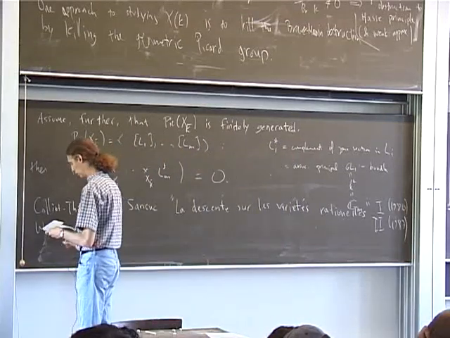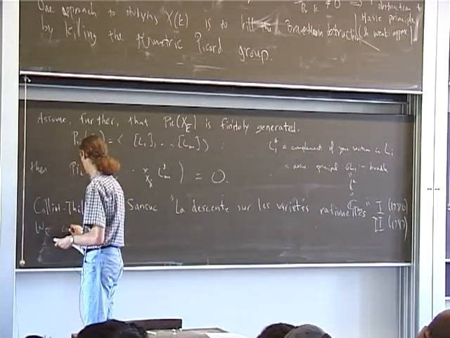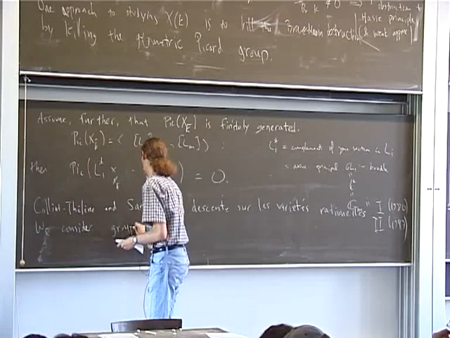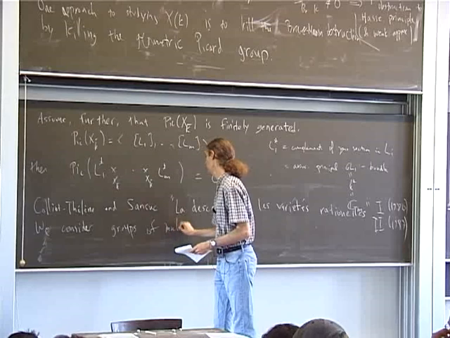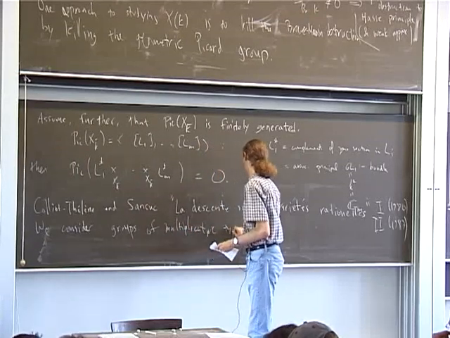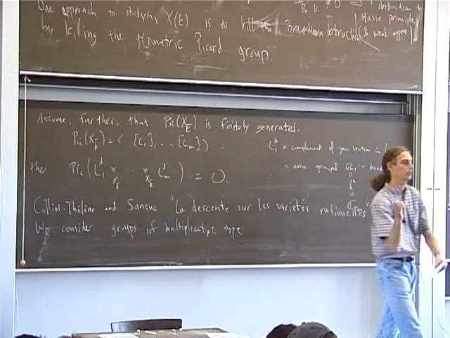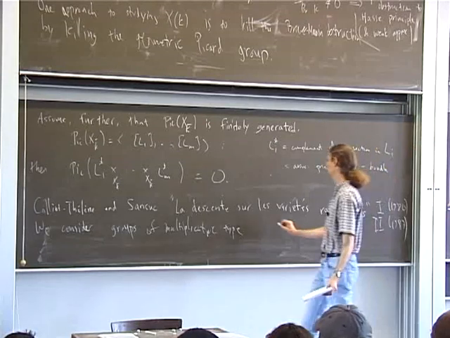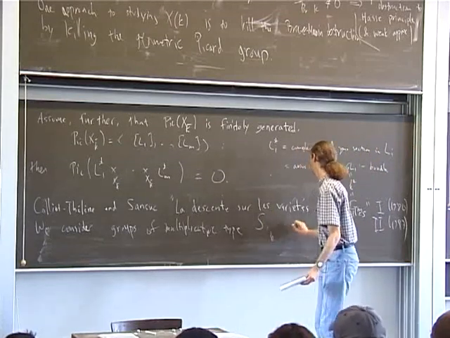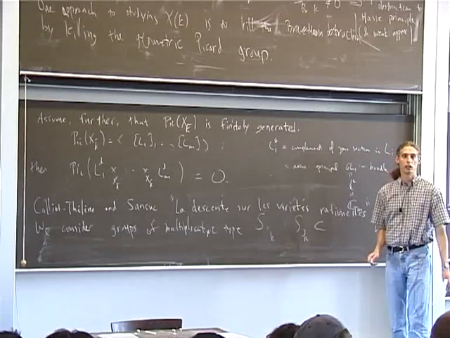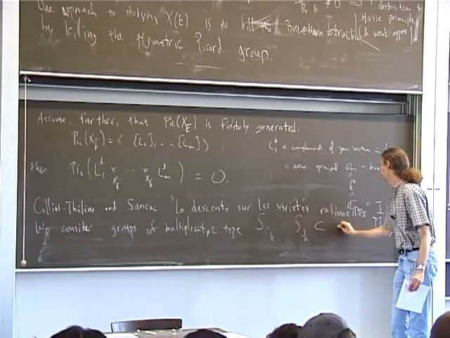So we consider groups of multiplicative type. That's a fancy word. It means that you have some group S defined over K, such that when you pass to the algebraic closure, it sits inside some number of copies.